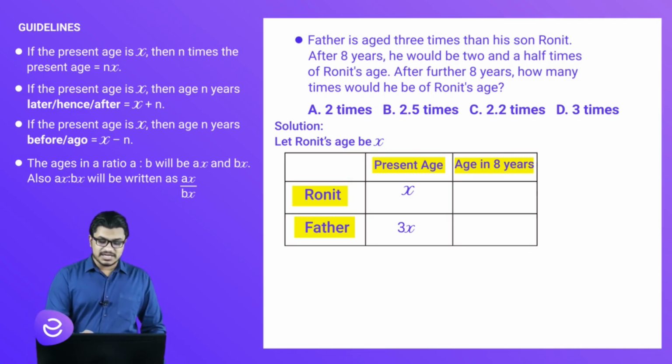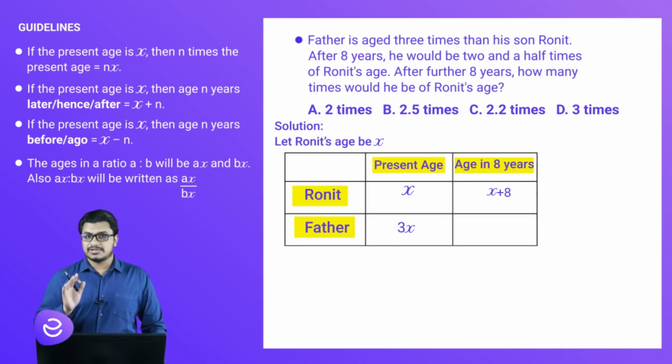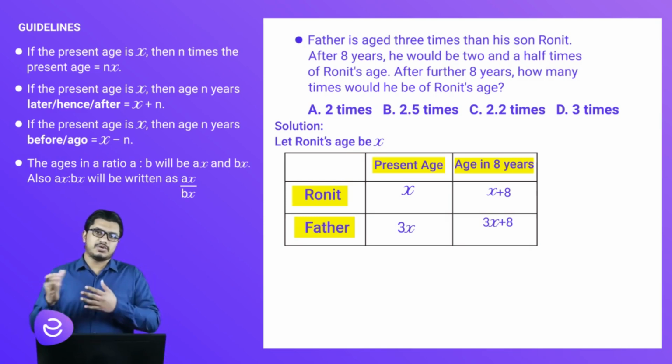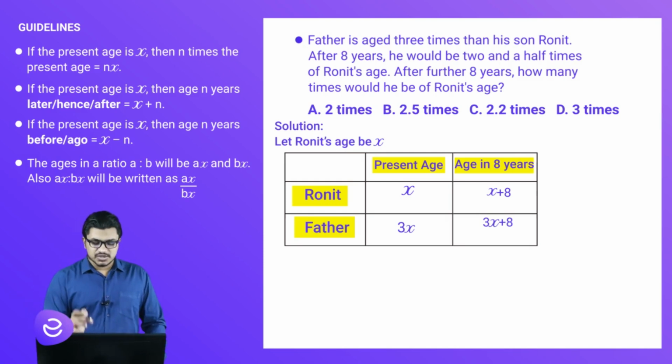So after 8 years Ronit becomes, as we said in the guidelines, x plus 8. What about the father? Father becomes 3x plus 8. After 8 years we add 8 because both of them have aged 8 years, so we add 8 to both of their ages. So Ronit becomes x plus 8 and father becomes 3x plus 8.